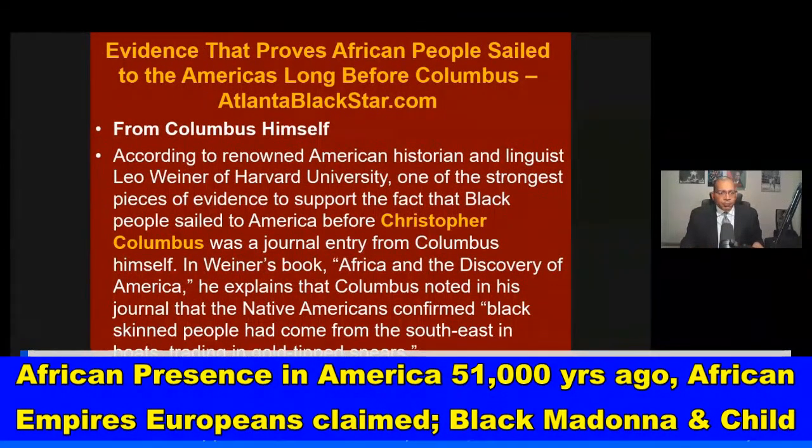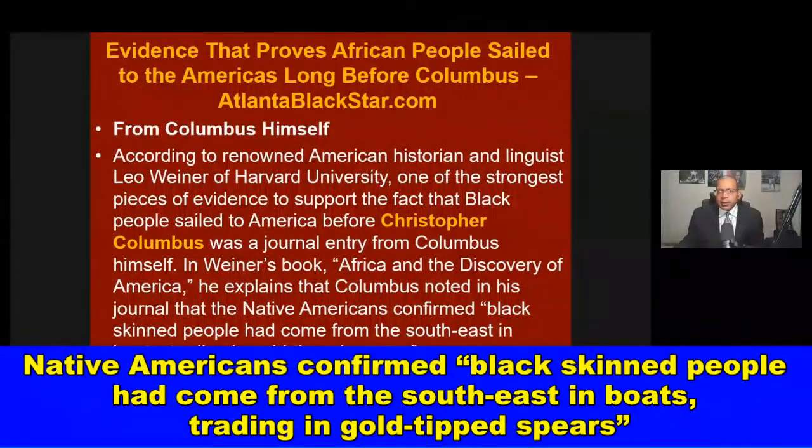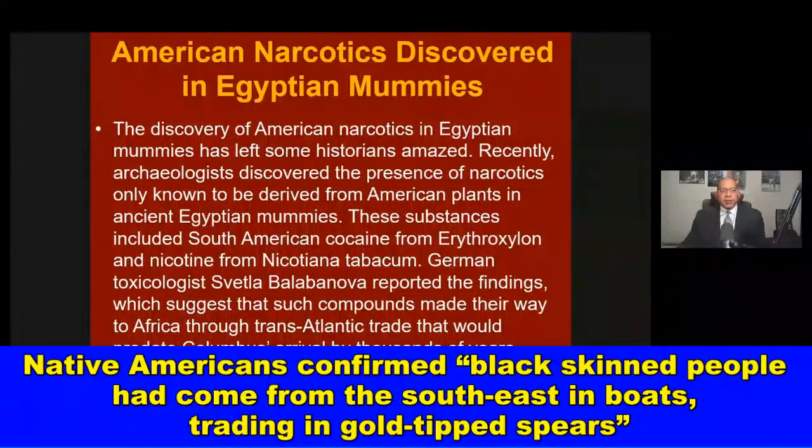In Leo Weiner's book, Africa and the Discovery of America, he explains that Columbus noted in his journal that the Native Americans confirmed, quote, black-skinned people had come from the southeast in boats trading in gold-tipped spears.